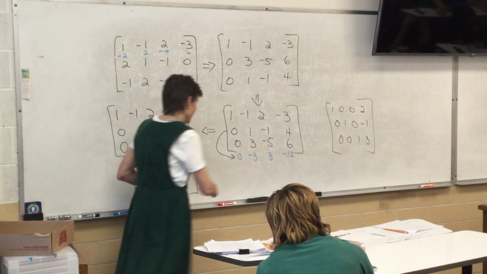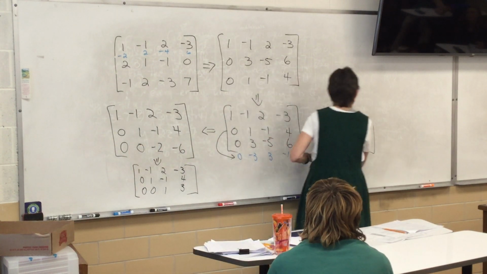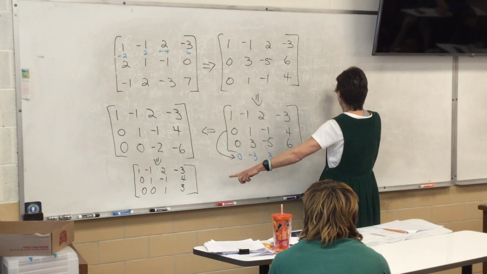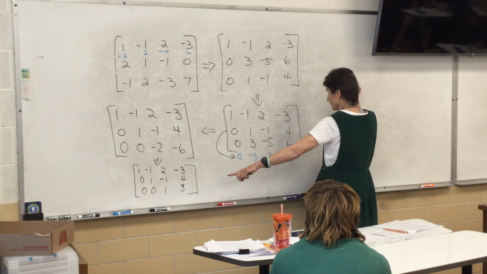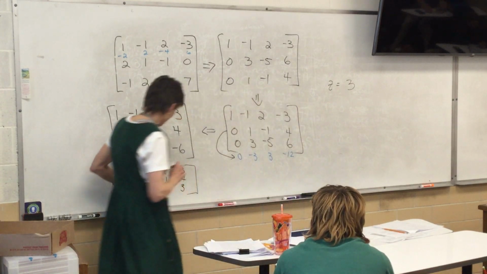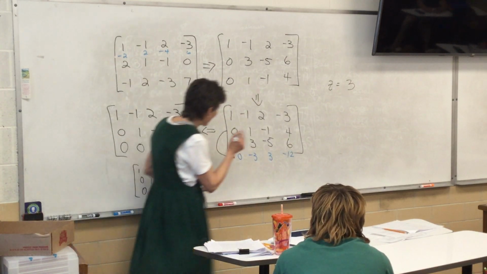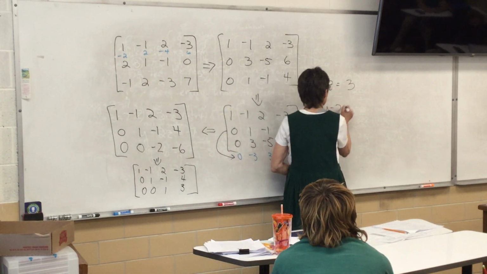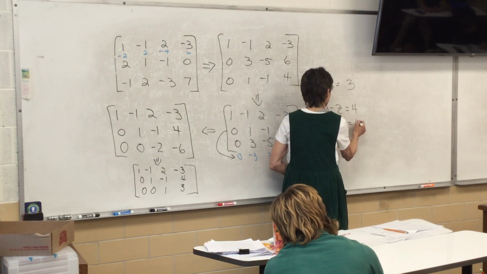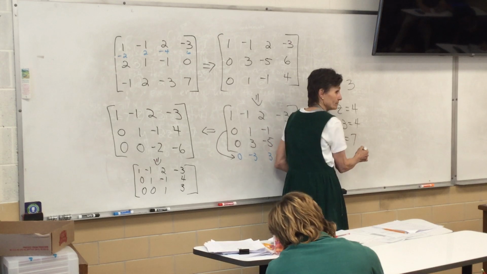So now I'm ready to produce my answer. It is fun. What's the bottom row say? Z equals 3. And then back up, go to the second row now, the middle row. Y minus Z equals 4. So Y minus 3 equals 4, so I guess Y is 7.